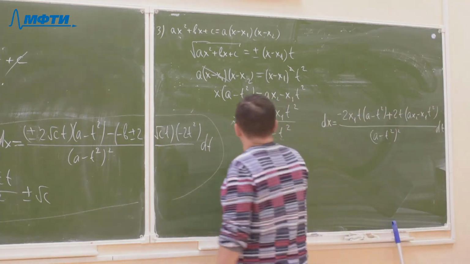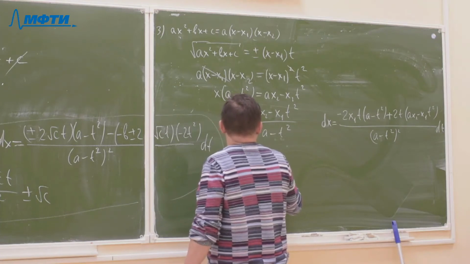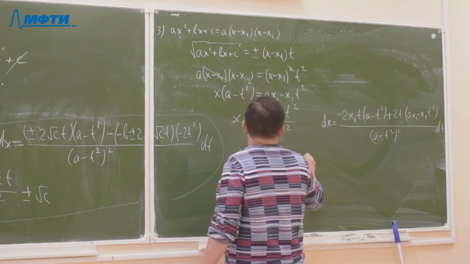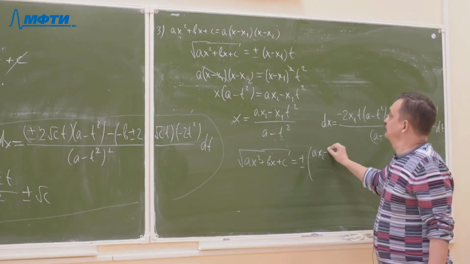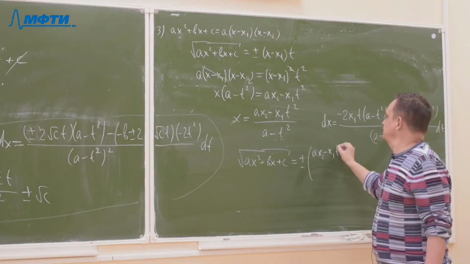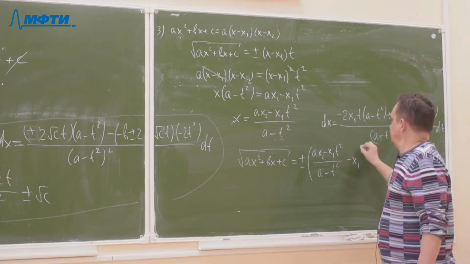And square root of ax squared plus bx plus c will be plus or minus (a x2 minus x1 t squared) over (a minus t squared) minus x1 t.